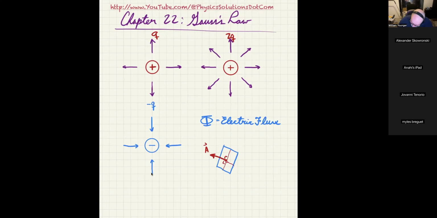Then, if we have an electric field line, let's say that comes along in this direction, then there would be a small angle theta. It doesn't have to be small, but in this particular drawing, it's obviously small.